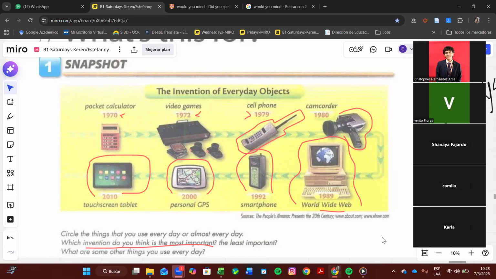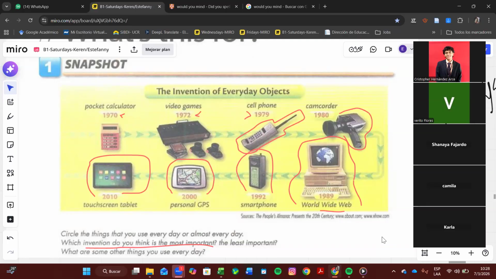I actually agree with the idea that all of them are important. But in my personal opinion, the GPS, because in this moment of my life, when I need to travel to San Jose and I don't know where I can buy clothes, for example.